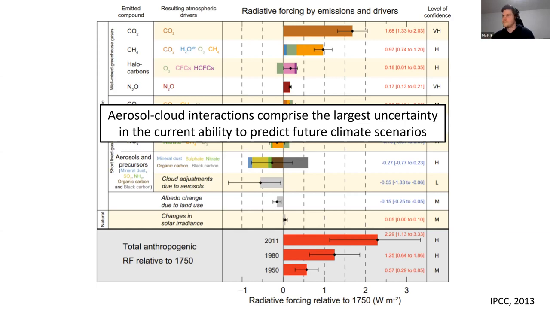Elena has a question, and she says, do you think that the increase in cloud reflection is part of the Earth system's way of basically fighting back against the climate change? That's a fantastic question, and one that has been asked before.